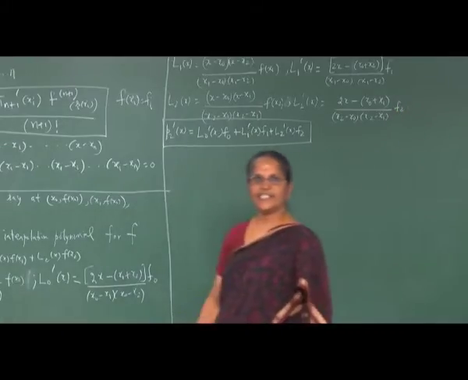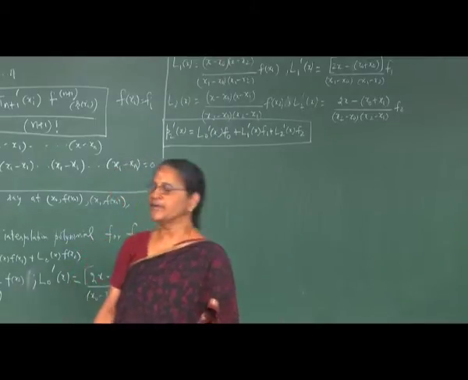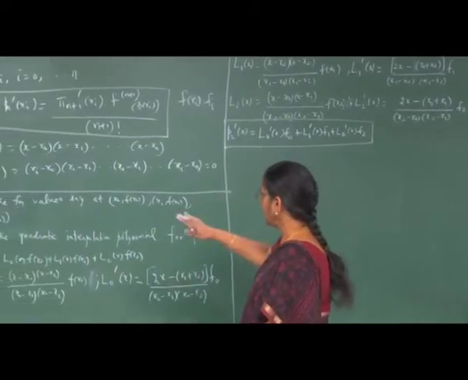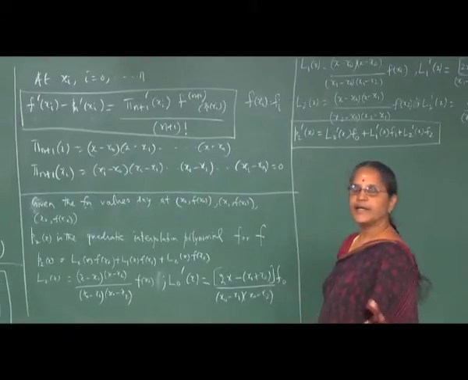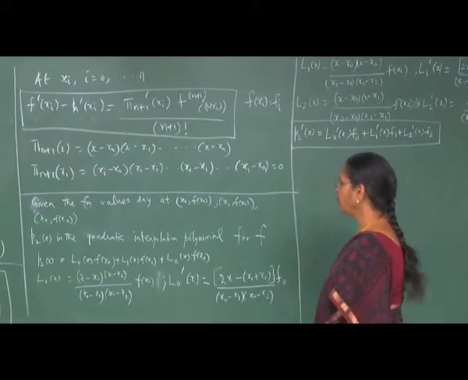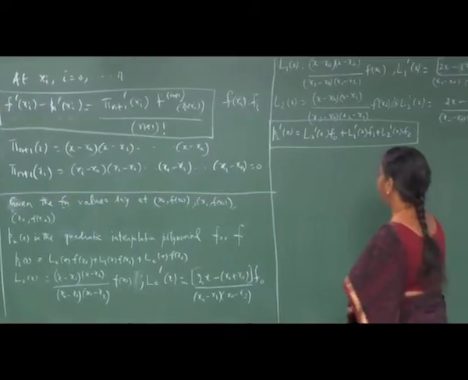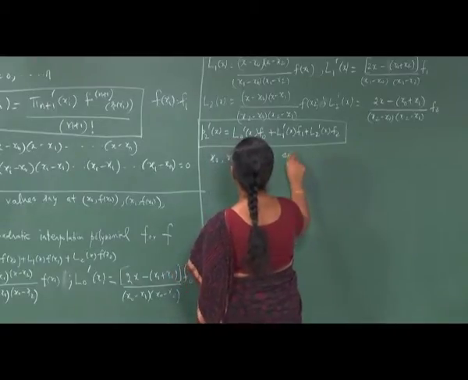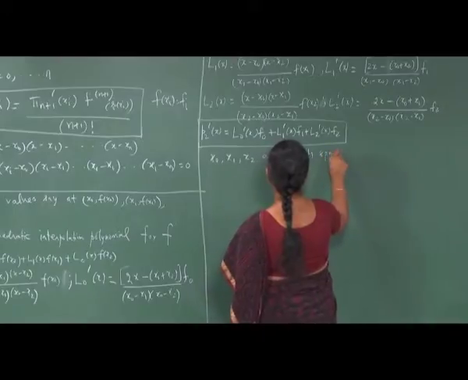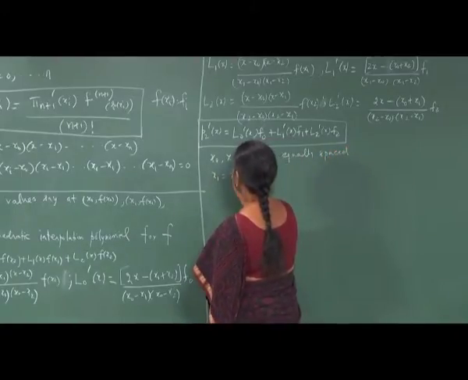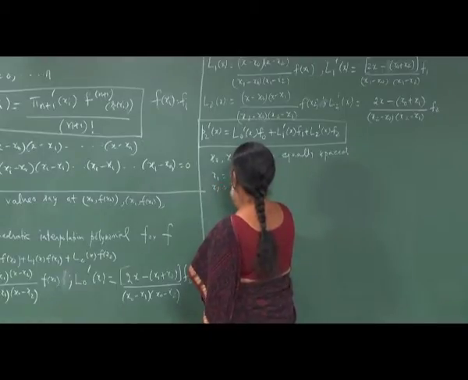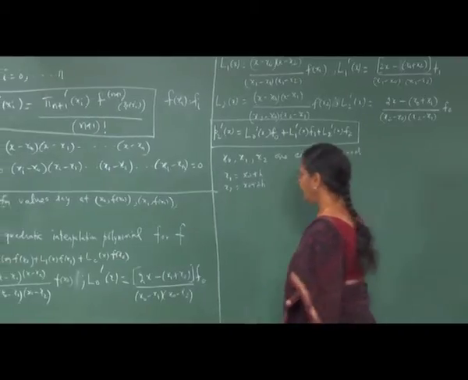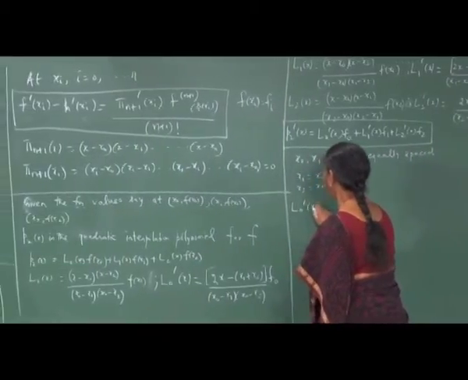Let us work out the details in a simple case. Suppose the points are equally spaced. The result can be worked out for arbitrarily located points xi also, but in order to simplify our computations, we consider the case that the points x0, x1, x2 are equally spaced. Which means x1 is x0 plus h and x2 is x0 plus 2h. So, we use that information and find out what L0 dashed at x is.